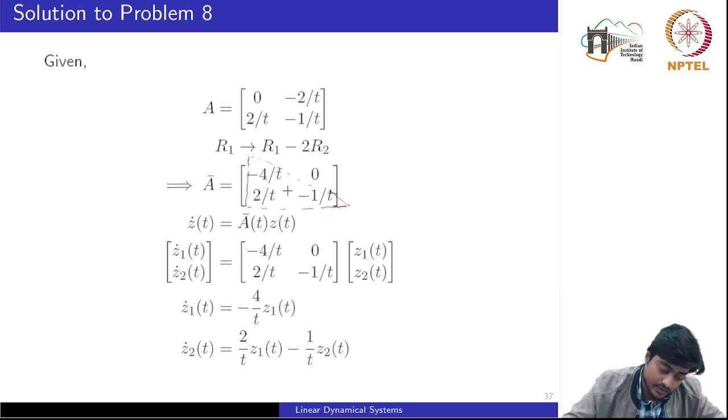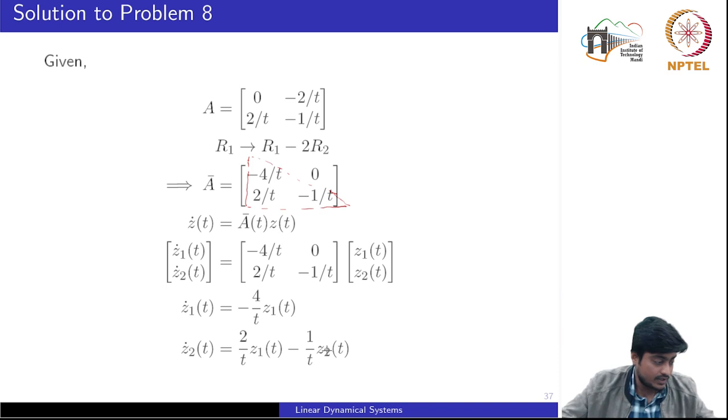Since we have performed the row operation, this state matrix A bar could be in terms of another state variable, so we have represented that state variable by z, and these z state variables could have any physical meaning on that electrical circuit. So solving this equation, we can separately solve z1, and then putting the solution of z1 into the second equation, we can solve separately z2.